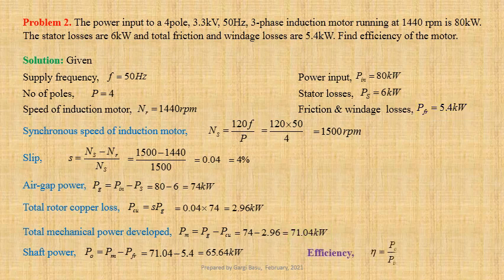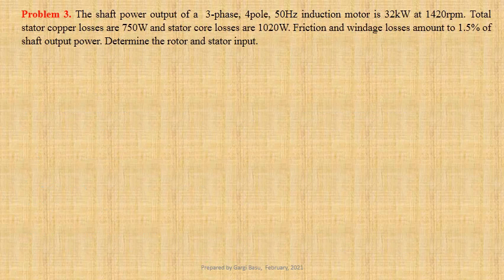Eta equals Po divided by Pin, that is equal to 65.64 divided by 80, that gives us 82.05%.